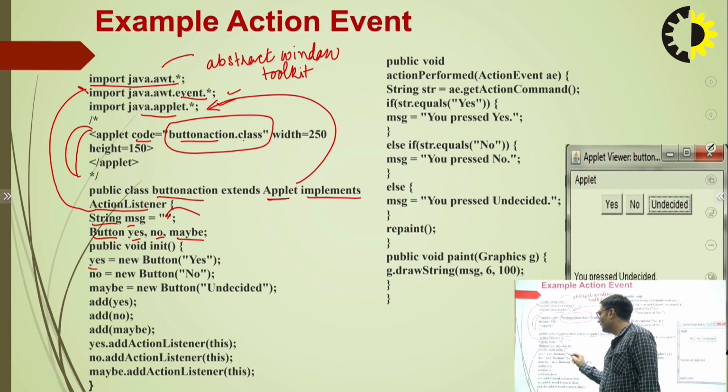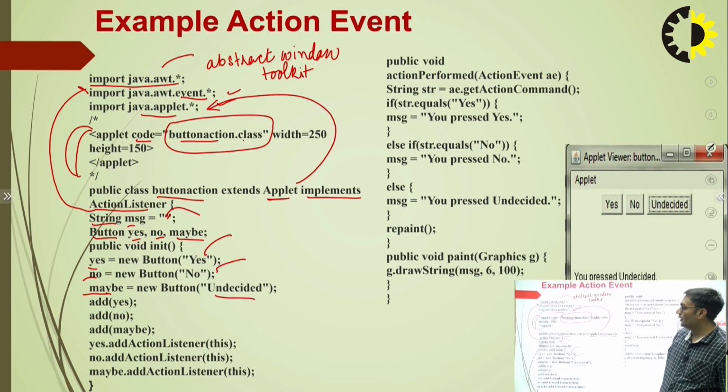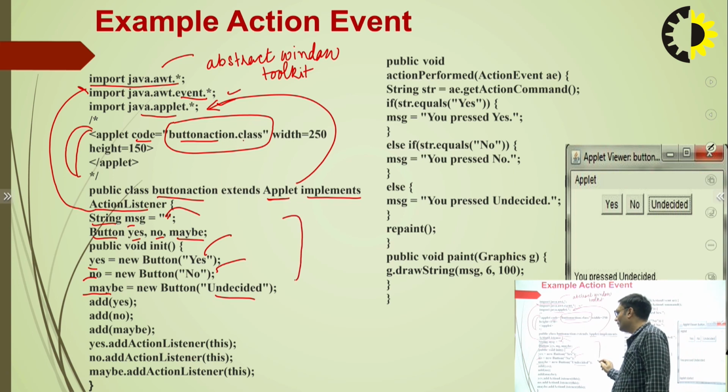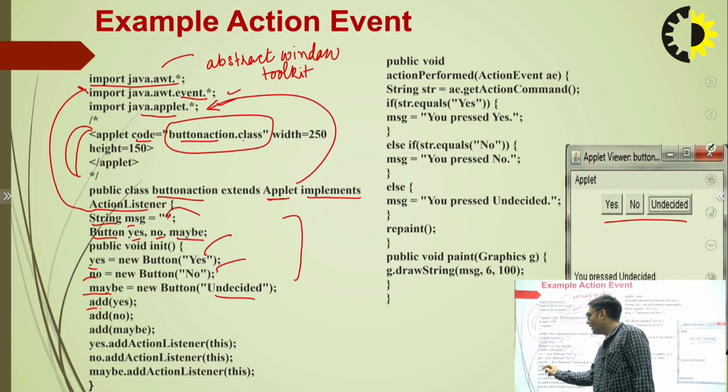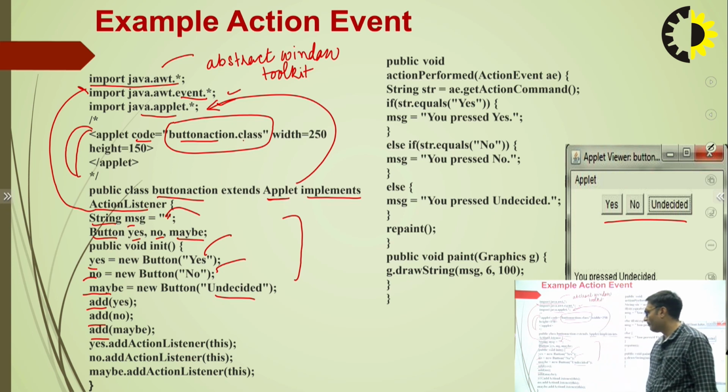Here I set the button value yes, here I set the button value no, and the third button I set undecided. So in this way we create three buttons, and we add these three buttons inside the applet. You can see here, calling this method add yes, add no, add maybe. Now these three buttons are created in this program.